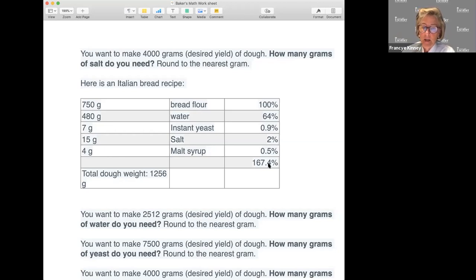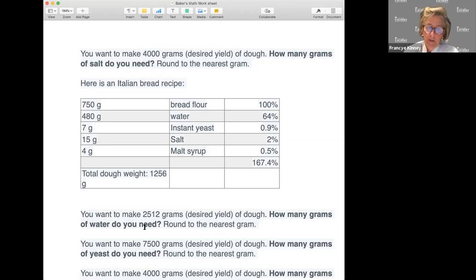In the case of the cookies, we picked 4 dozen, and we just got the percentages for the others. So you are either told or you figure out what your desired yield is.